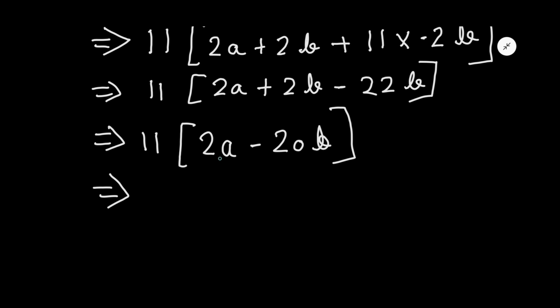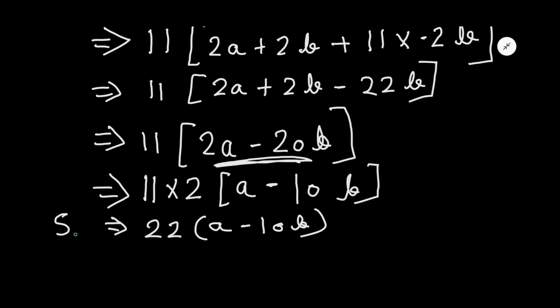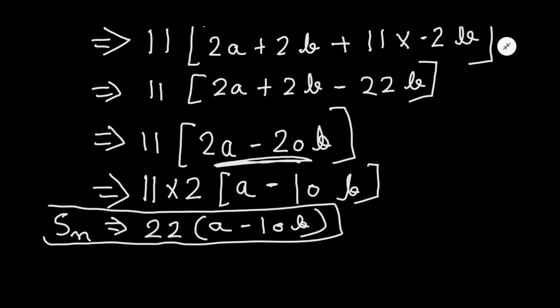If we take 2 common from this expression, it becomes 11 into 2, a minus 10b. The final answer is 22 into a minus 10b, which is the sum of this arithmetic progression.